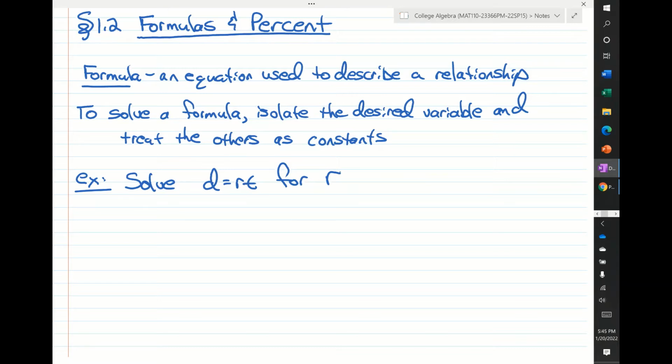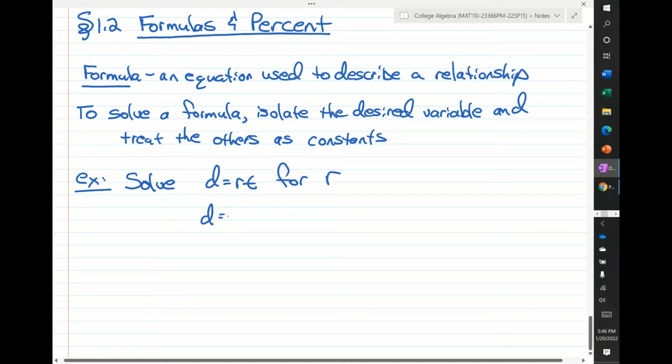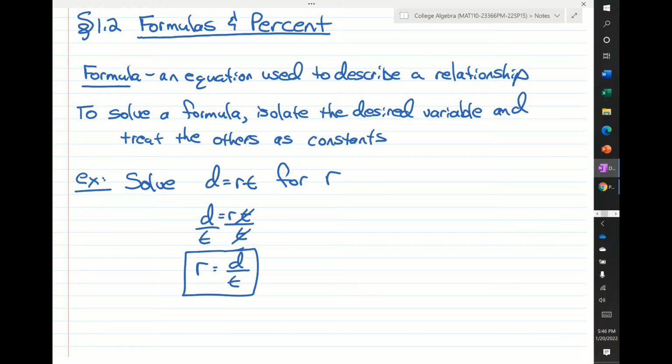If we want to get r by itself, we have to get rid of the t on that side. So if t were just a number, we divide by it. Divide by what you don't want, you'll get rid of the t. And you just wind up with the rate is equal to distance over time. No different than if the t was a number. Just moving things around.